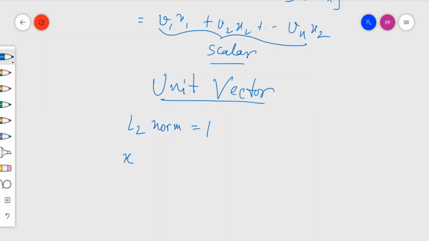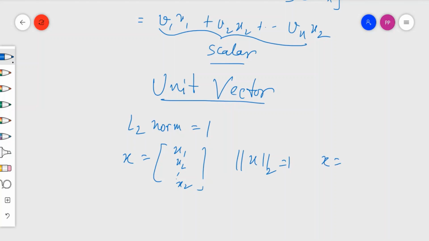So suppose x is a vector, then the L2 norm, that is the Euclidean norm, being equal to 1 implies that x is a unit vector.